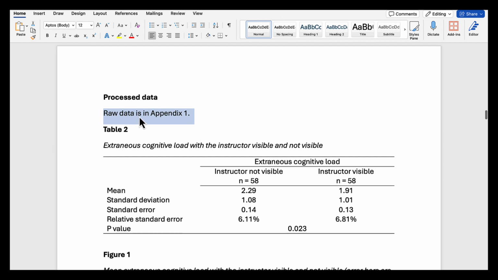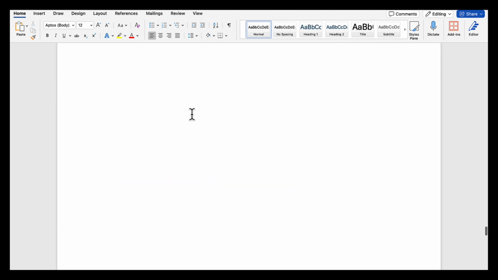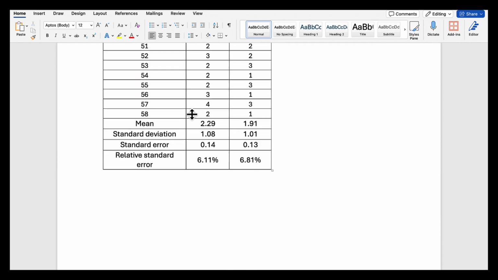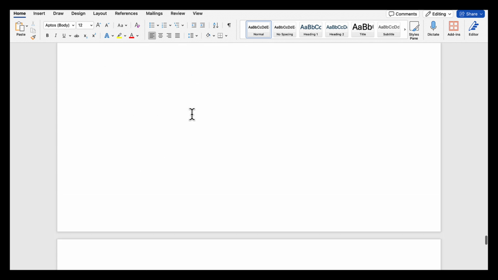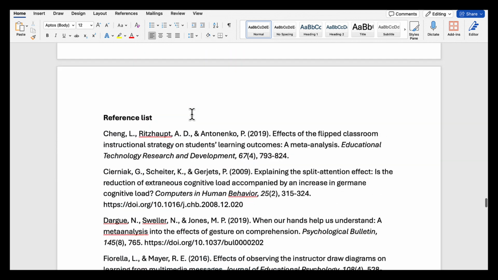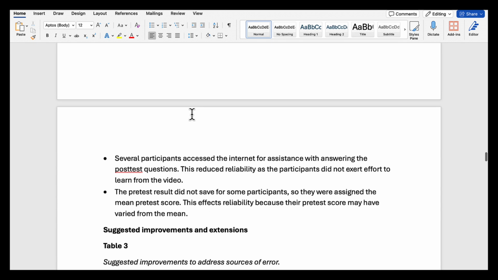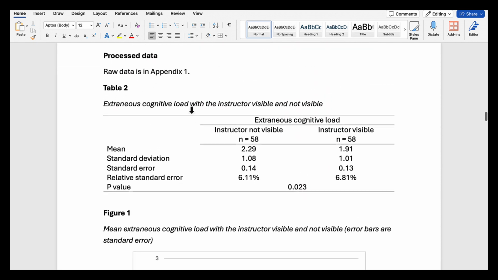But you can't just put it in an appendix and not signpost it. Given that the numbers in your tables don't count to your word count, you could have your raw data here. It just depends on how much you've got. So this is my raw data here, and it's just a bit unmanageable to go in. So it really depends on how much data you've got, but you must show me.